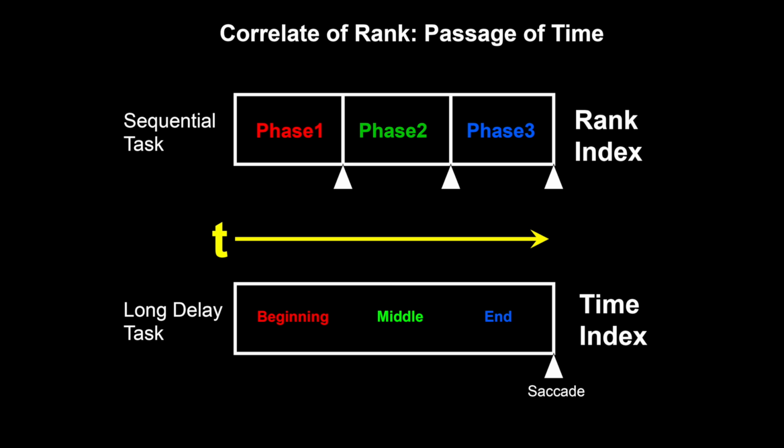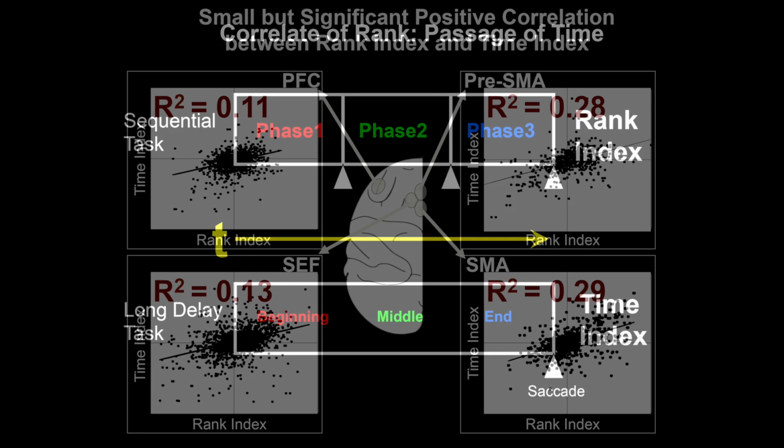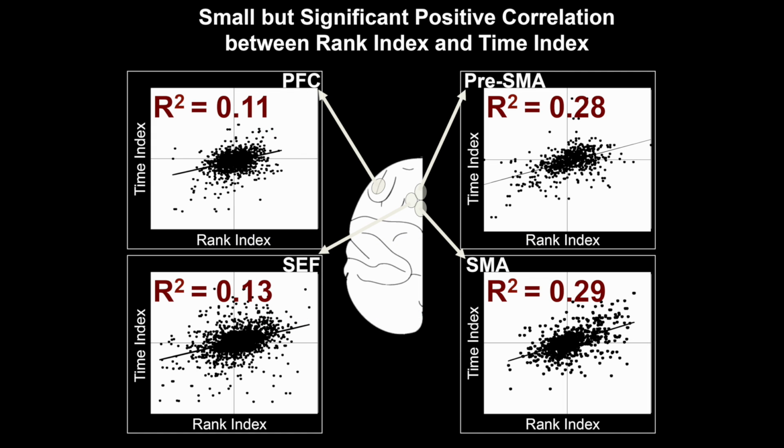And we can compute an analogous measure of selectivity for the passage of time, beginning, middle, and end, in the long delay task. And we can plot the time index versus the rank index. In this way, we can quantify how much of the variability in neuronal activity we can actually attribute to neuronal selectivity for passage of time rather than selectivity for rank. We observed that there is a small but significant correlation between rank index and the time index.